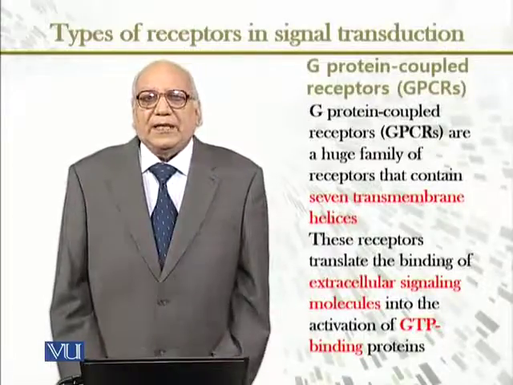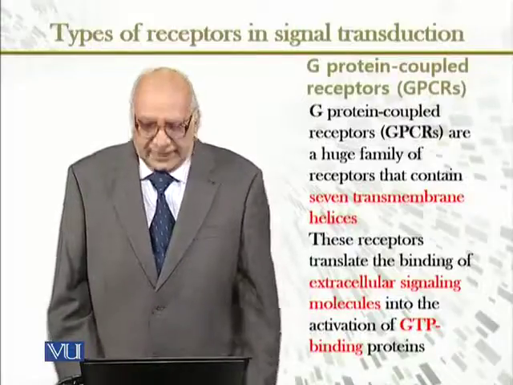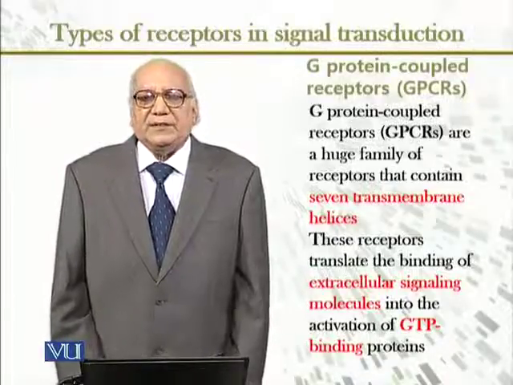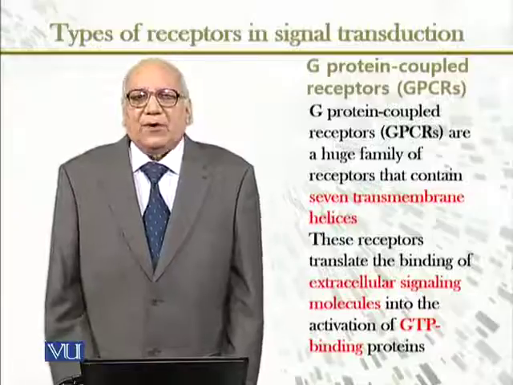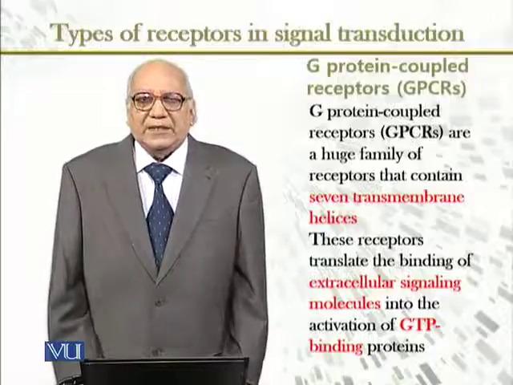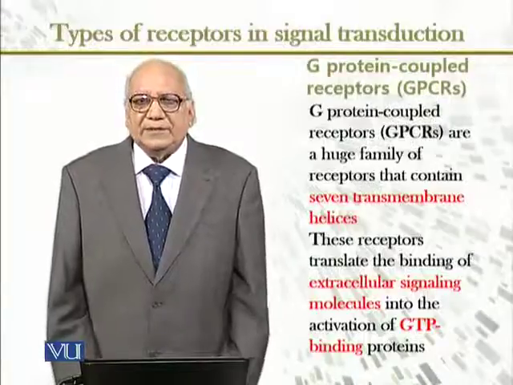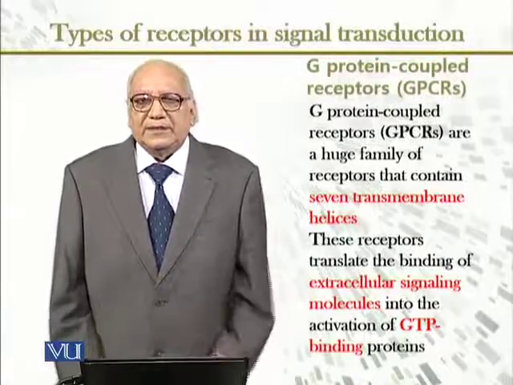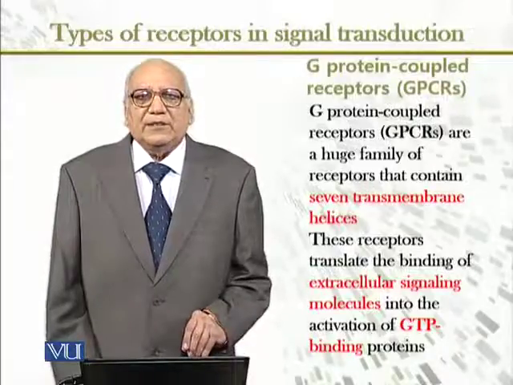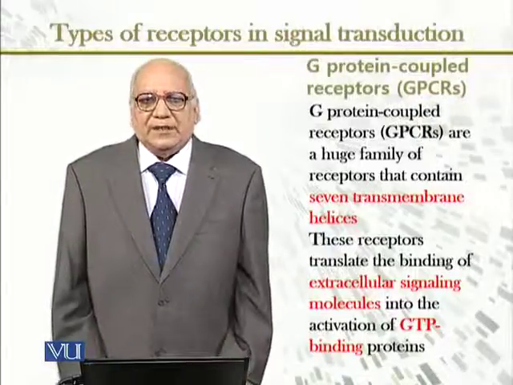Now, one type of receptor which is very important is the G protein coupled receptors, abbreviated as GPCRs. G protein coupled receptors are a huge family of receptors that contain 7 transmembrane helices.